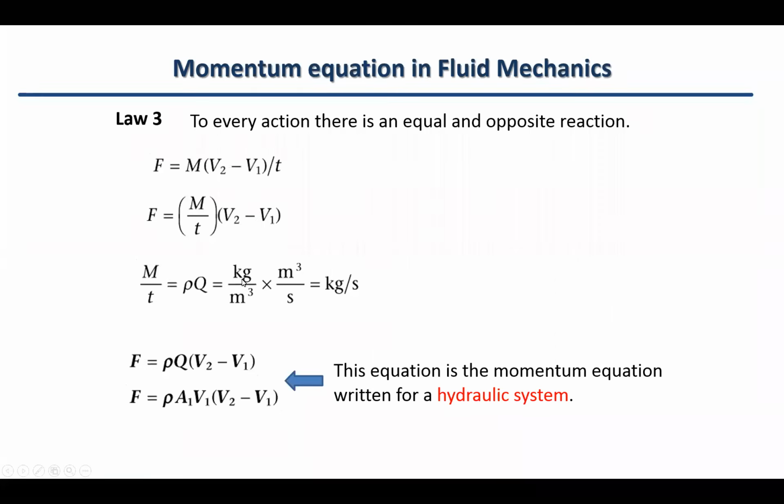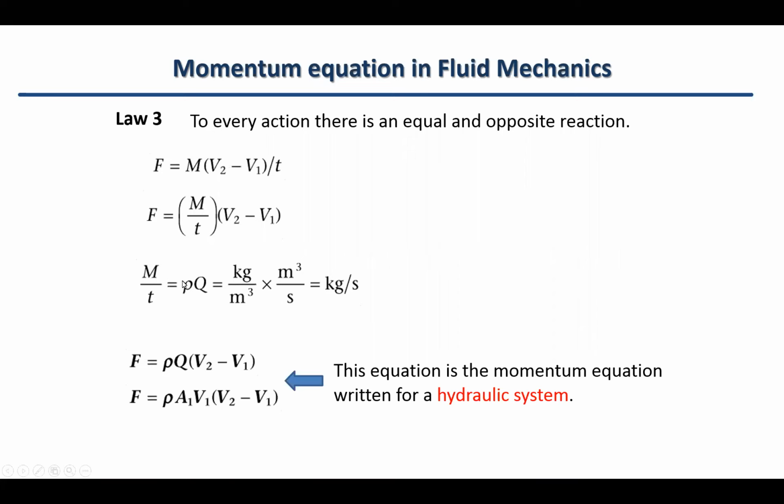Rho is density, in kilograms over cubic meters, and Q is the flow discharge, the volume divided by the time, cubic meters per second. In this multiplication of fractions, the cubic meter from the bottom can be canceled out with the cubic meters on top, and what is left is kilogram per second. So it completely makes sense that we can replace m over t by rho Q.